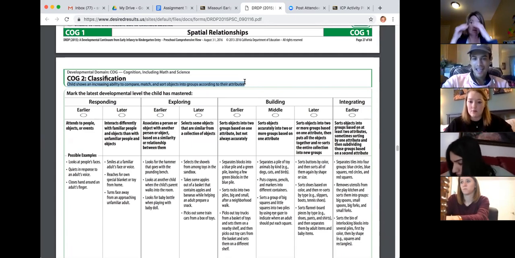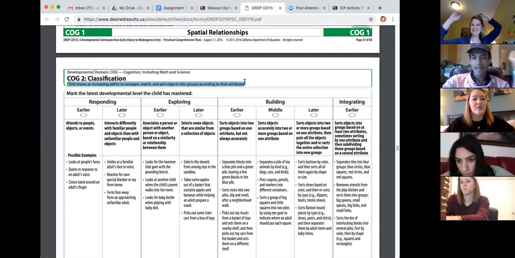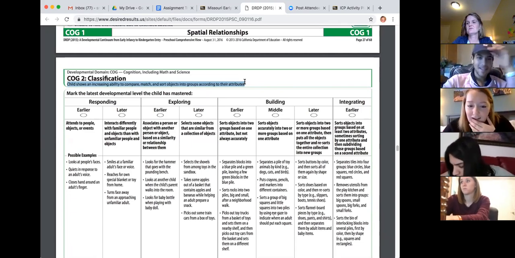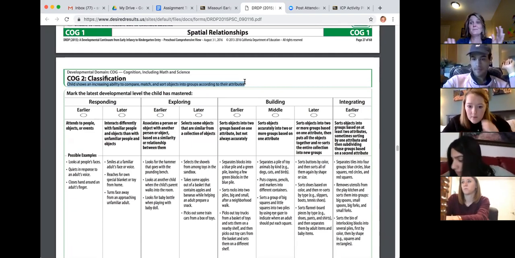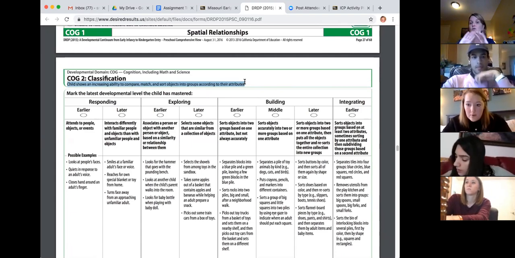Your standard? No, not my standard. What is the thing that you just read to us? The objective. Yep, that's what you're writing right now. So to write the objective, you need the DRDP standard in front of you because that'll be the easiest thing, because you want it to all align.